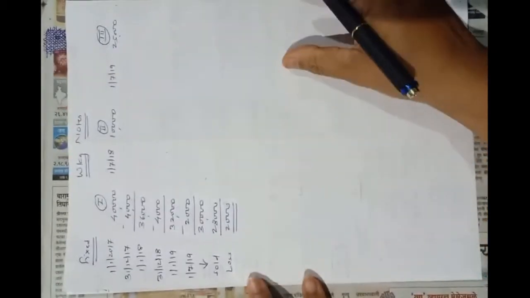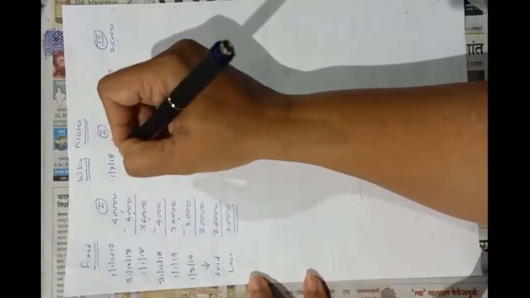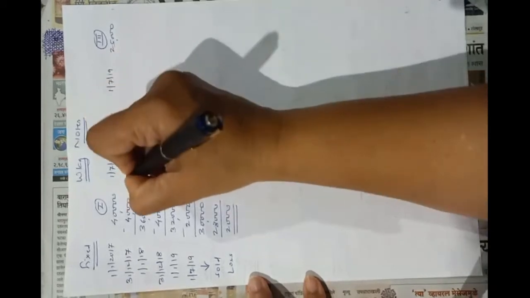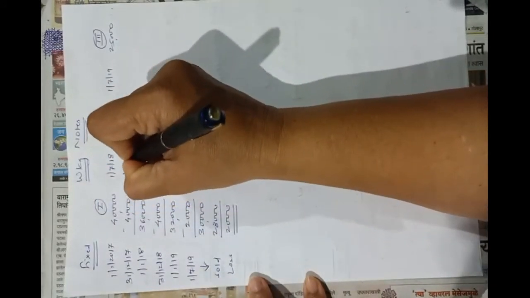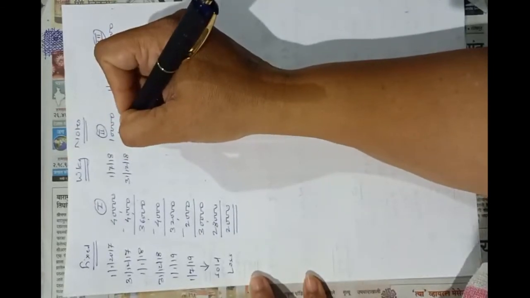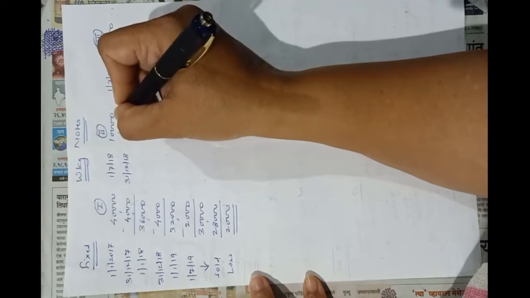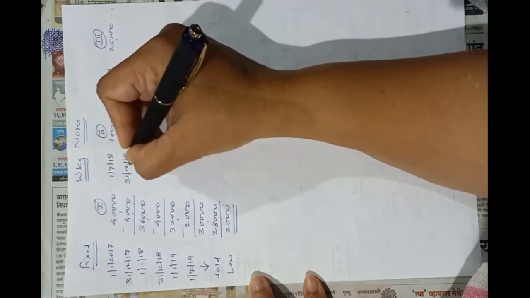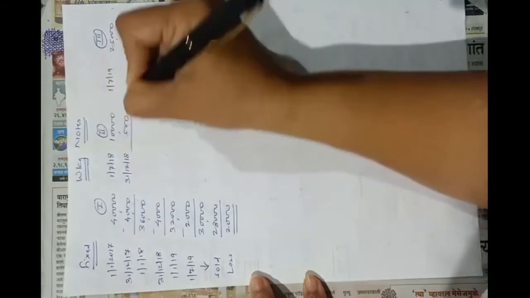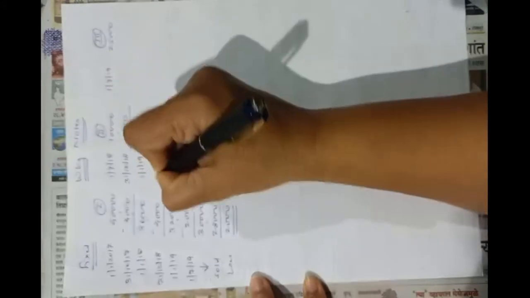Now the second machinery. Second machinery was purchased on 1st July 18 for rupees 10,000. First depreciation will be on 31st December 18. This machinery is not there in the year 2017, keep it in mind. 10% of 10,000 is 1,000, and for 6 months it will be 500. So 9,500 on 1st January 19.